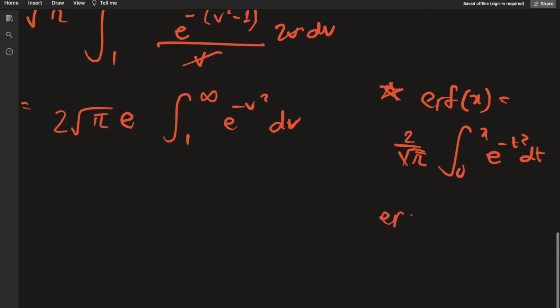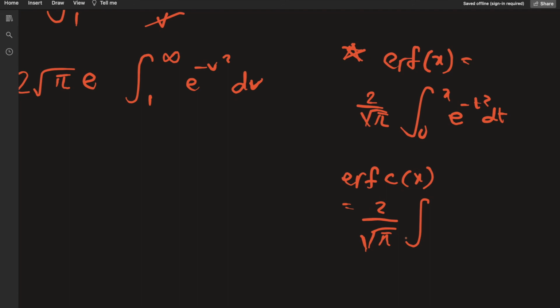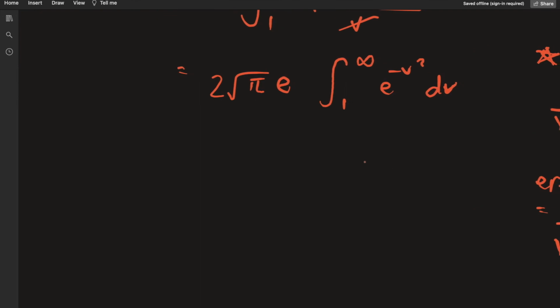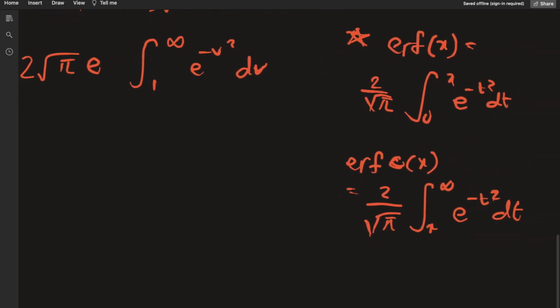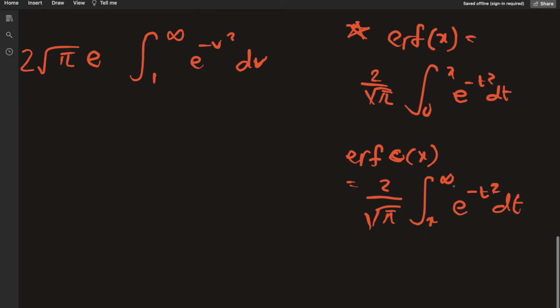The complementary error function ERFC of x was 2 over square root of pi integral from x to infinity of e to the negative t squared dt. And we call it the complementary error function because if you add both of them, ERF of x plus ERFC of x, you get 1. You can check that out, using the Gaussian integral and then extending it from 0 to infinity basically.